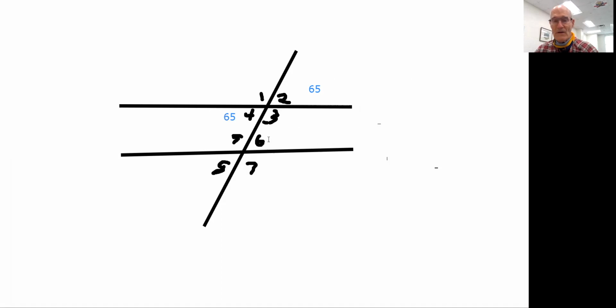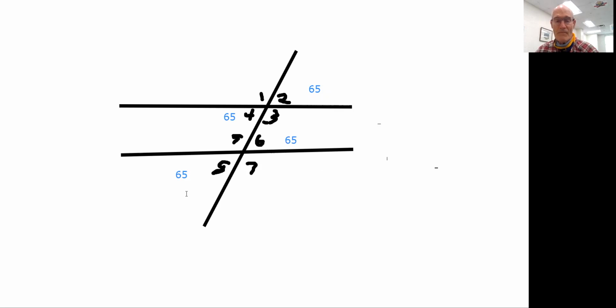And then I know that angle 6 down here is 65 degrees because 4 and 6 are alternate interior angles, and we just proved that they are congruent. Then I can come over here to angle 8 and say that angle 8 is also 65 degrees because it's vertical with 6.